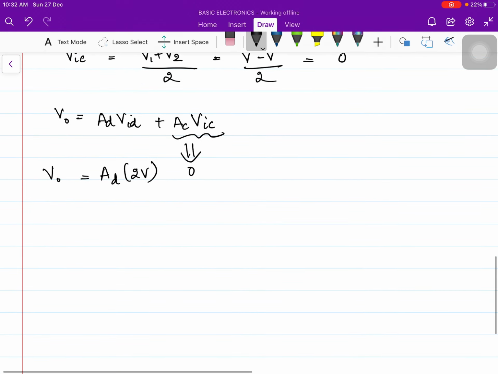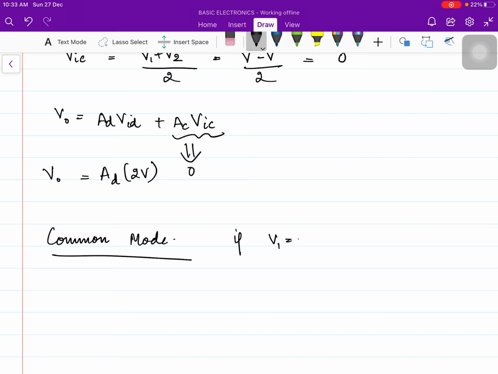So let us see again common mode operation. In this case, common mode, if V1 is equal to plus V and if V2 is also equal to plus V, that means both are common, same in magnitude, same in phase, then what is VID equal to?